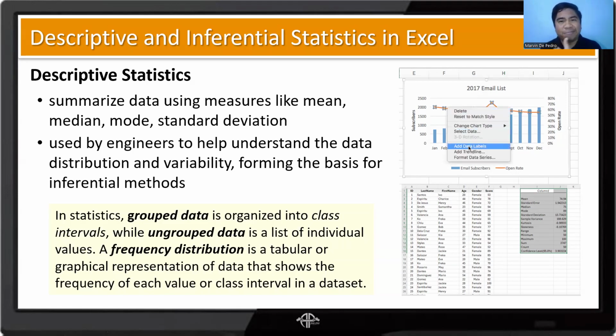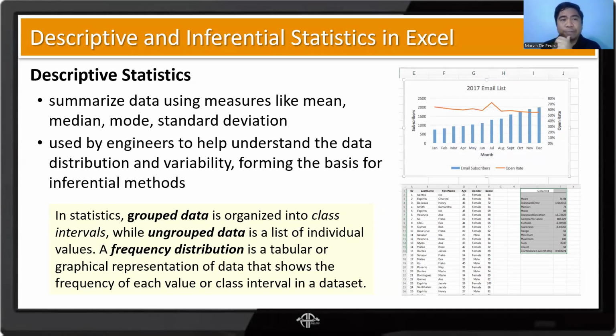In other words, ideally, we cannot perform inferential statistics without going through descriptive statistics. Because this is the part where we get to see what our distribution looks like, and we have parameters like mean and standard deviation or variance, which are required in performing inferential statistics.